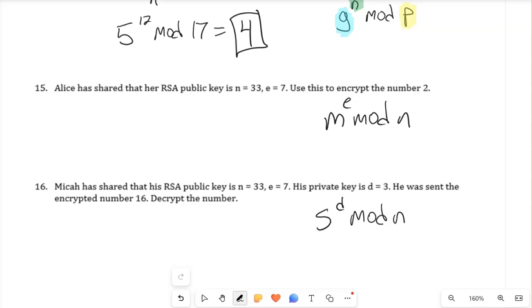Okay, so we need the message. We're encrypting the number 2, so the message is the number 2. E is given as 7, and mod N is given as 33. That's just calculator work now.